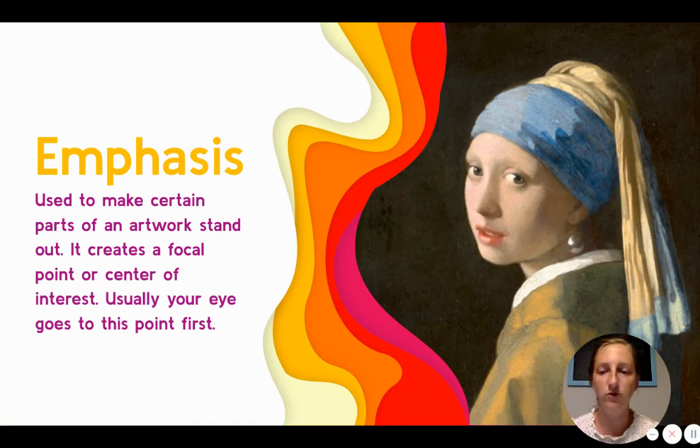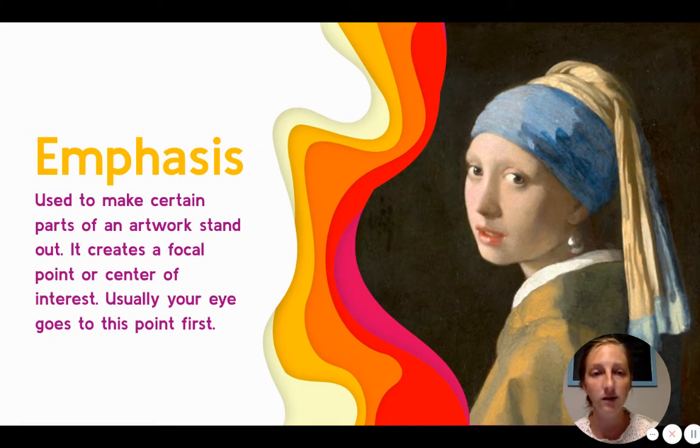Also, a clear use of contrast, contrasting light versus dark. So you want some point of your image, whatever you're creating, to be the focal point. Where do you want the viewer to look first? It's more than likely the most important part of your artwork.